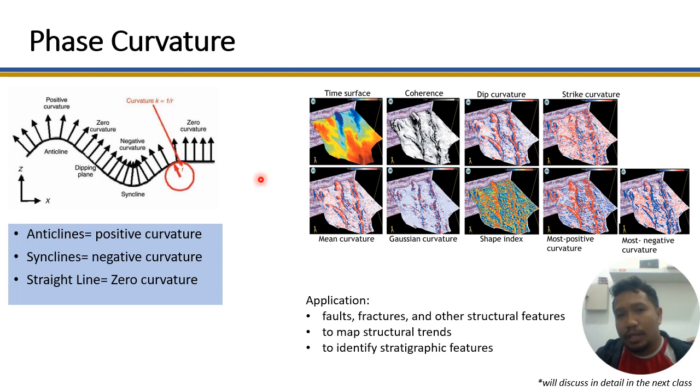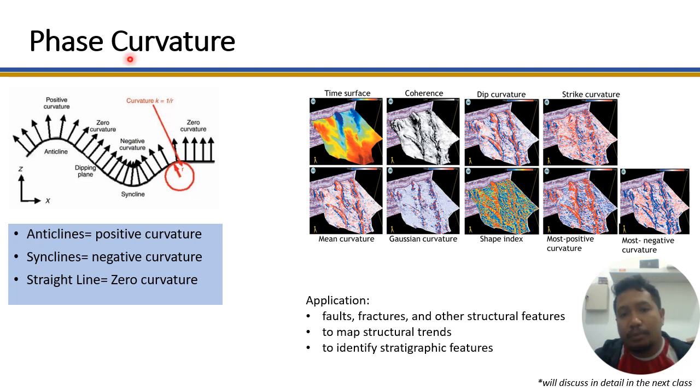Curvature value can be positive or negative. So a positive curvature value indicates that the seismic horizon is convex, which represents anticline features, while a negative curvature value indicates that the seismic horizon is concave, which represents the syncline type of structural features.